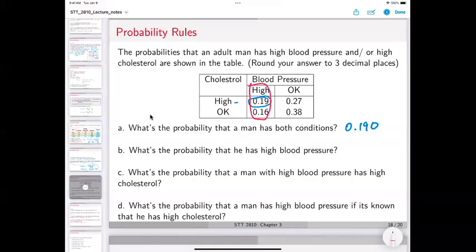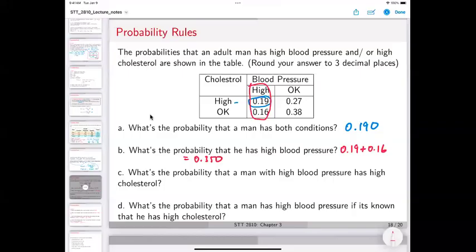It's going to be 0.19 plus 0.16. That is high blood pressure. When you add both of them, you get 0.350, because we are told to round to 3 decimal places. Okay, good.